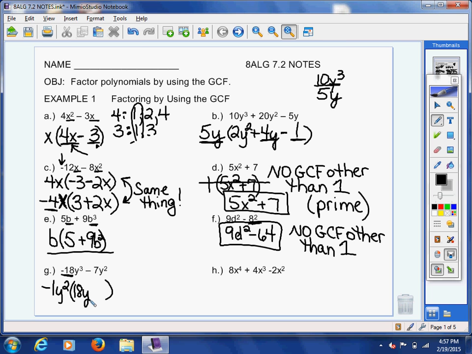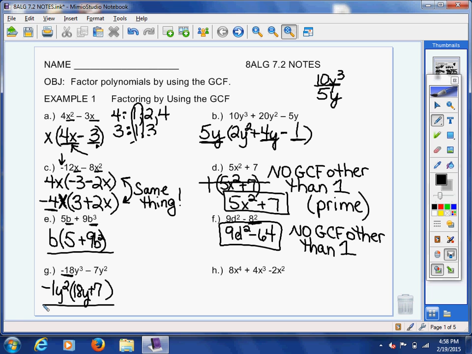Negative 1 y squared times what is negative 7y squared? We'll start with the numbers. Negative 1 times positive 7 is negative 7. y squared times 1 is y squared. So I don't need any y's. I have exactly what I need. And there's your factored form right there. That's not the only way to do that particular answer.